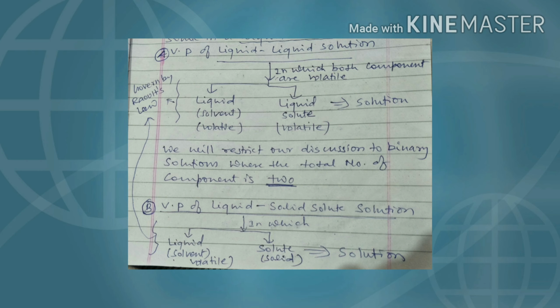In section B, the vapor pressure of a solution in which the liquid is a volatile solvent and the solute is solid, and on mixing it forms a solution. These two sections, A and B, are governed by Raoult's law.